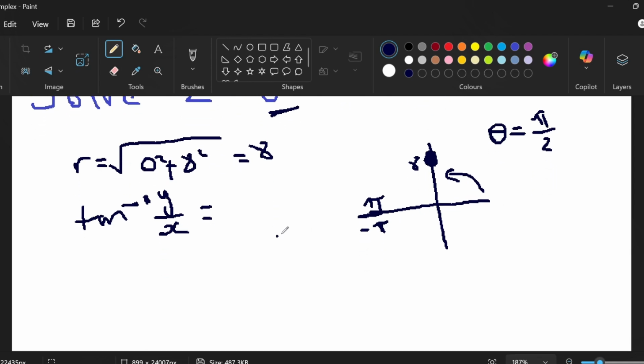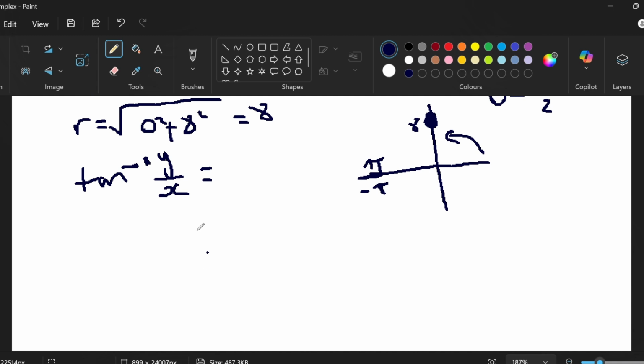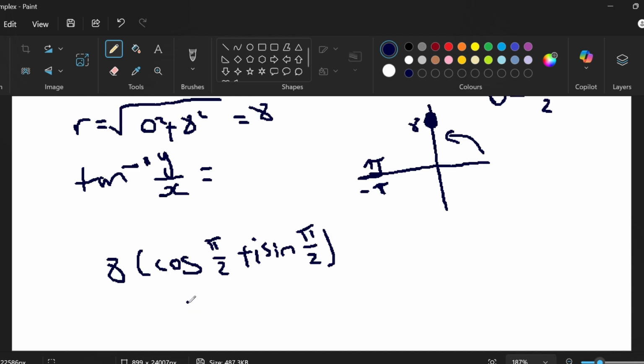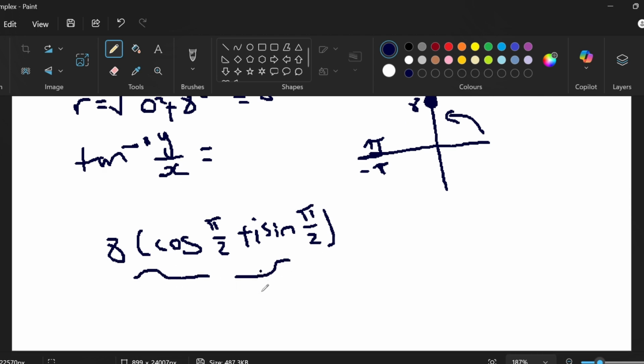And now I write the number out in polar form, which would be, the r is 8, so 8 times cos pi over 2 plus i sine pi over 2. But to get the roots, we need to write this not just in polar form, but in the general polar form.